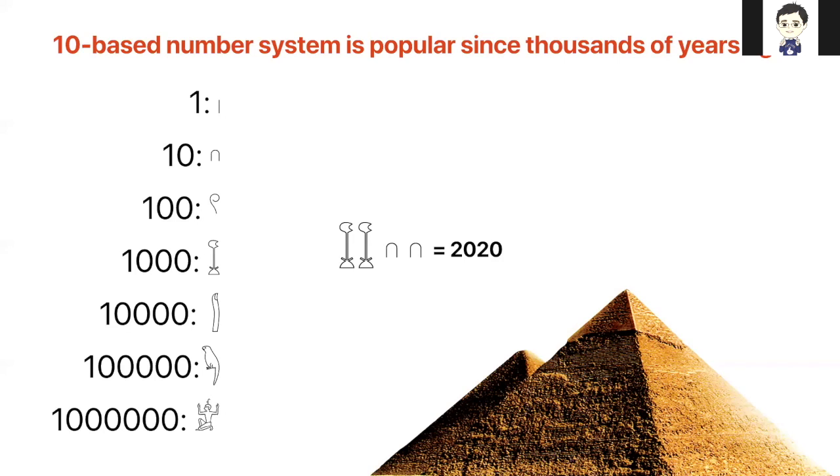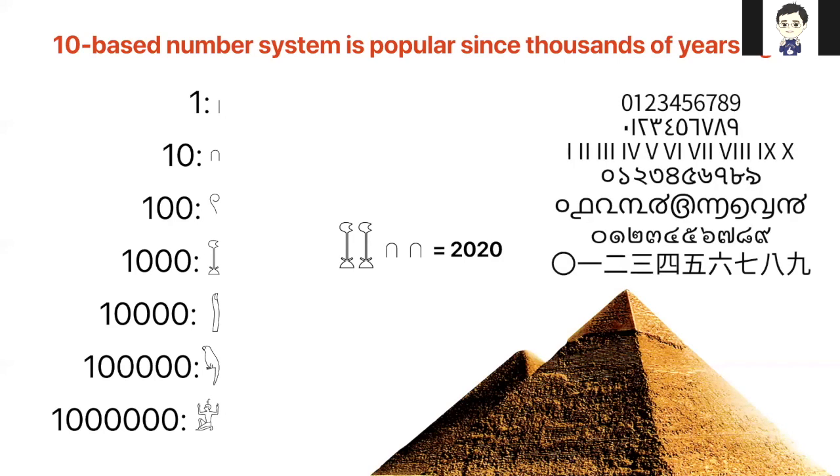It's pretty close to the 10-based number system we have, and many other cultures also have a 10-based number system. That's why you see a lot of symbols in many different countries, but they all have their numbers from 0 to 9 instead of something more than that.